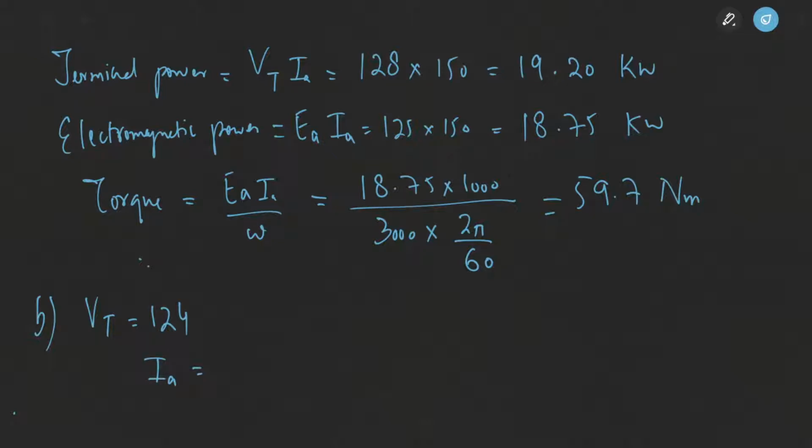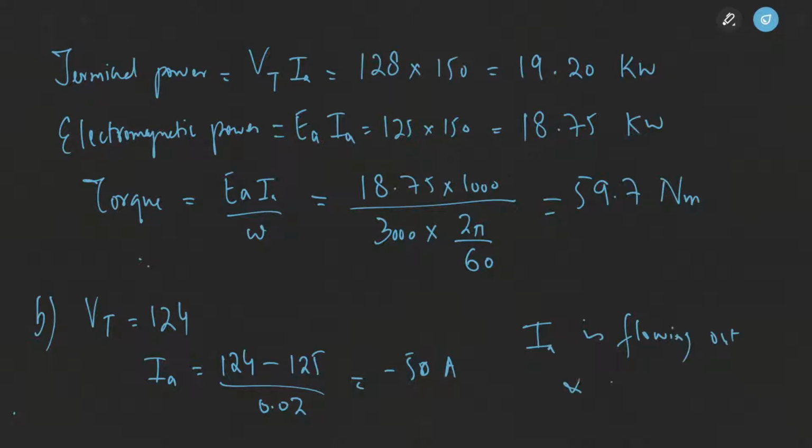Vt of 124 minus Ea of 125, divided by 0.02, comes out to be equal to minus 50. That means the current is no longer flowing into the machine, it's flowing out of the machine. Ia is flowing out, and therefore the machine acts as a generator.